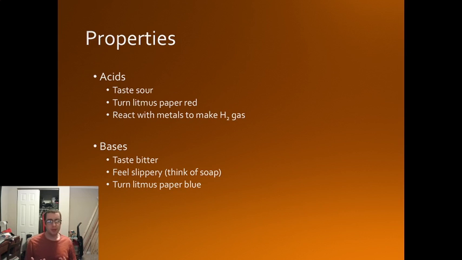Turning litmus paper red. We'll talk a little bit more about litmus paper at the end, but basically it's a slip of paper, and depending on whether it's an acid or a base, it'll turn red or blue. And if you move it from one to the other, it'll actually change to that color, even though it's already been used up once before.